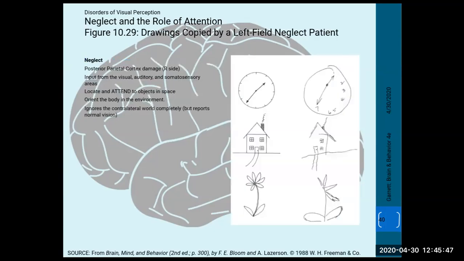The last thing in the dorsal stream, the last area, is called the posterior parietal lobe. That's actually in the parietal lobe. And we talked about this idea called neglect. I think it was in chapter 3. With neglect, usually we see damage in patients in the right side, so the right posterior parietal lobe, although it could potentially happen in the left side. If it happens in the right side, remember that the majority of information from the right brain goes to the left eye.